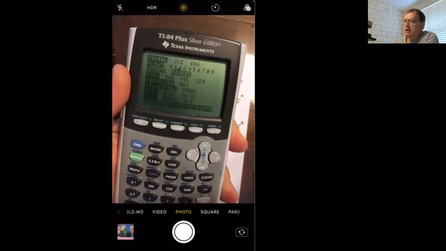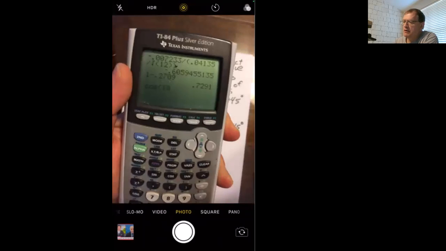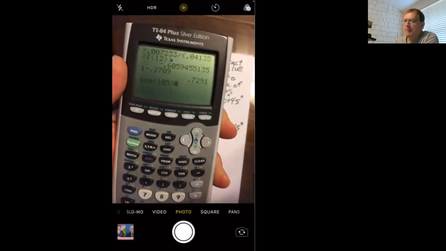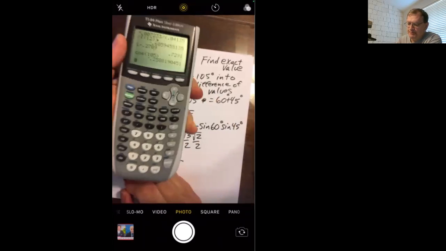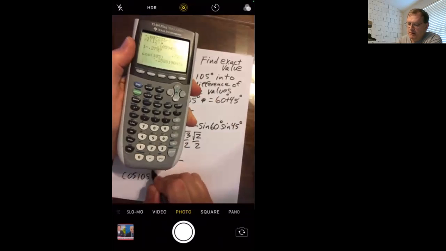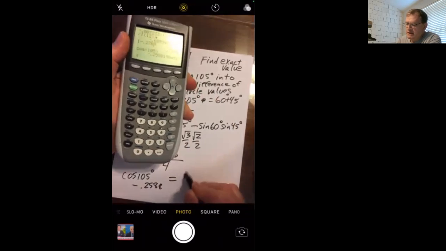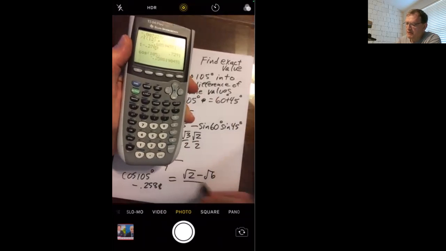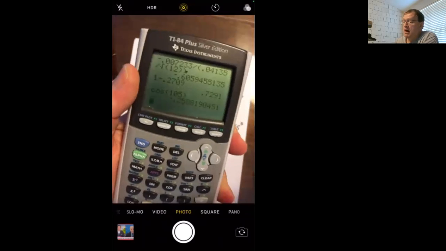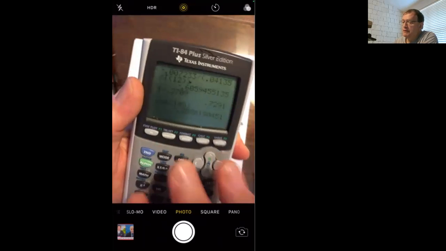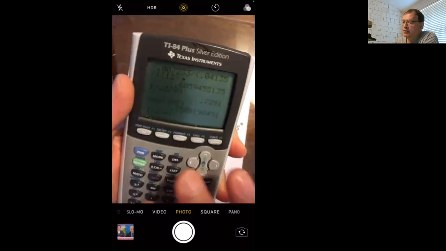All right. And so we have cosine 105, negative 0.2588. And on the other side, we have root 2 minus root 6 over 4. And it doesn't matter what mode that gets punched in. Square root of 2 minus square root of 6.